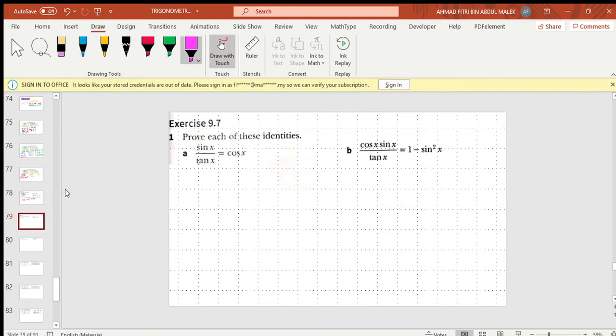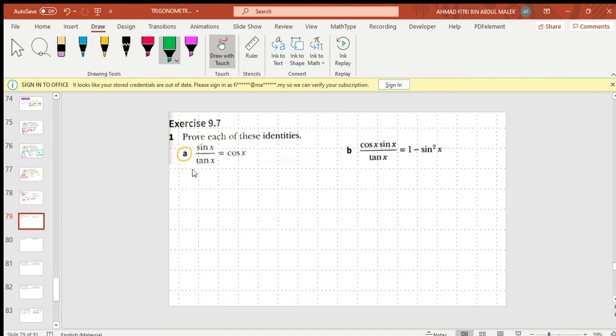So we try a simple question first. I will show you question B, you try question A on your own. Question B is cos x over sine x over tangent x equals 1 minus sine square x. You can use the left side or remain the right side.